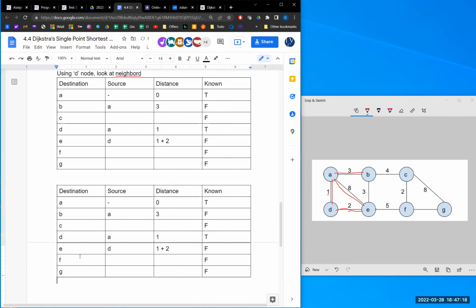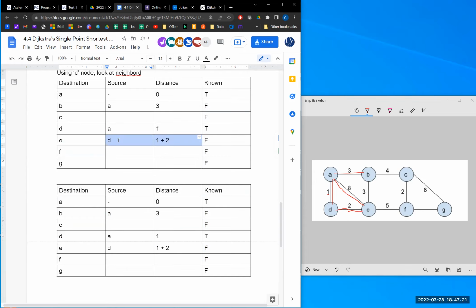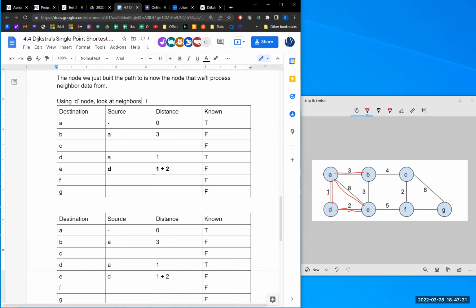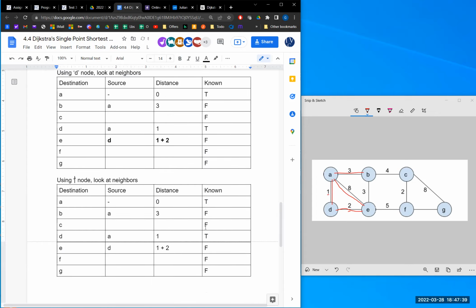And we'll do the same thing again. Choose E. Oops. Hold on, I'm getting ahead of myself. All right, so now we must choose. We have 2 paths that we can build from. Right, the D path is completed.